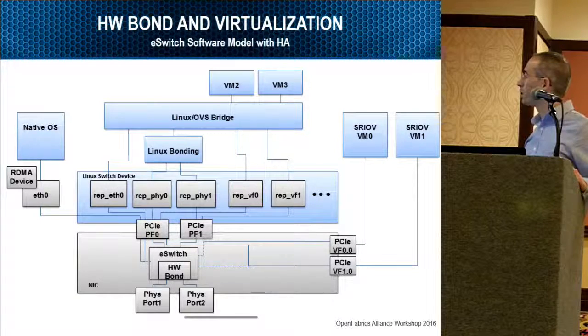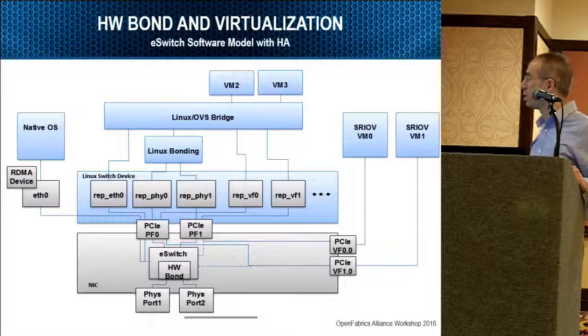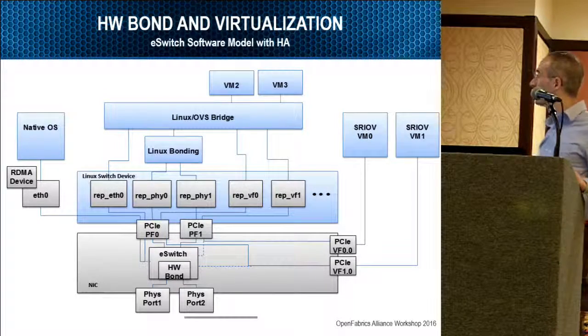It fits very nicely with the virtualization model, where for paravirt VMs, software-based forwarding is done directly to the Linux bonding. Linux bonding does the hash and goes through the right physical port. That is for egress traffic from the VMs. For ingress, the same, based on the logic I explained before, the hardware bond passes up the traffic through the right representer ports.